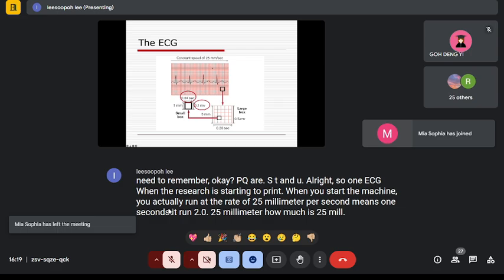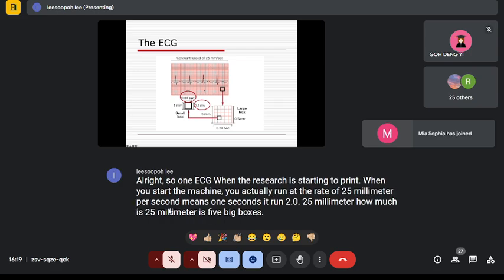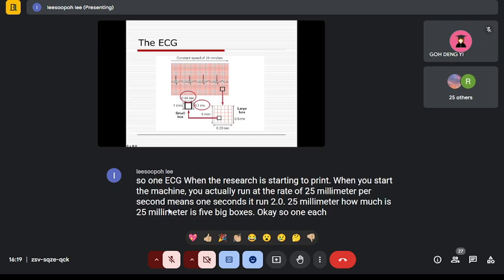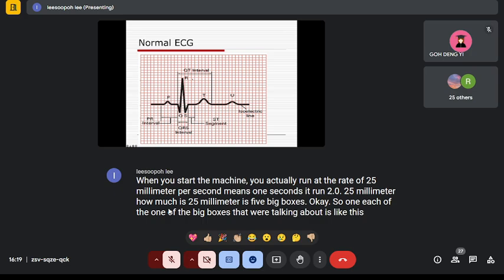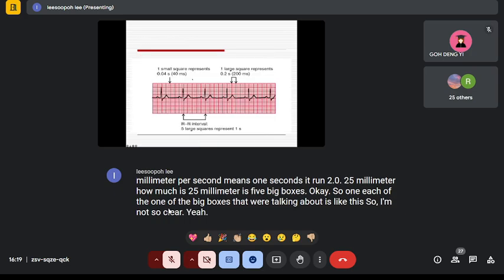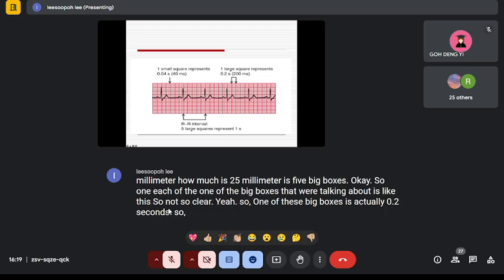How much is 25 millimeters? It is 5 big boxes. One of these big boxes is 0.2 seconds. So in 1 second, it runs 5 big boxes.